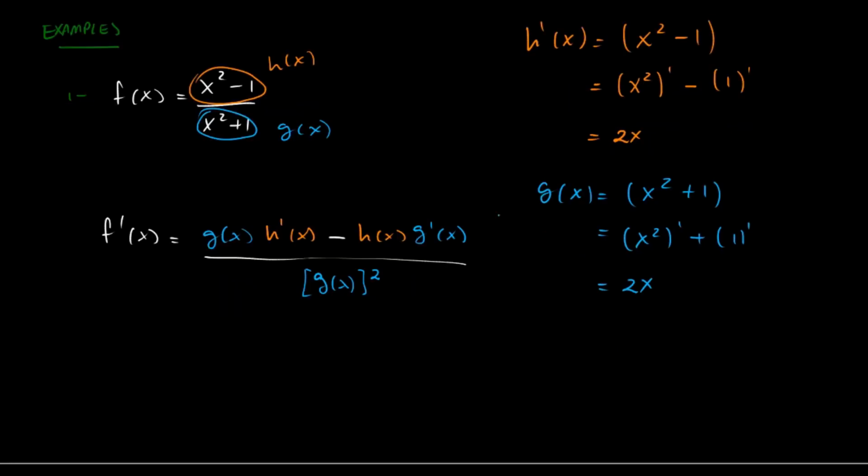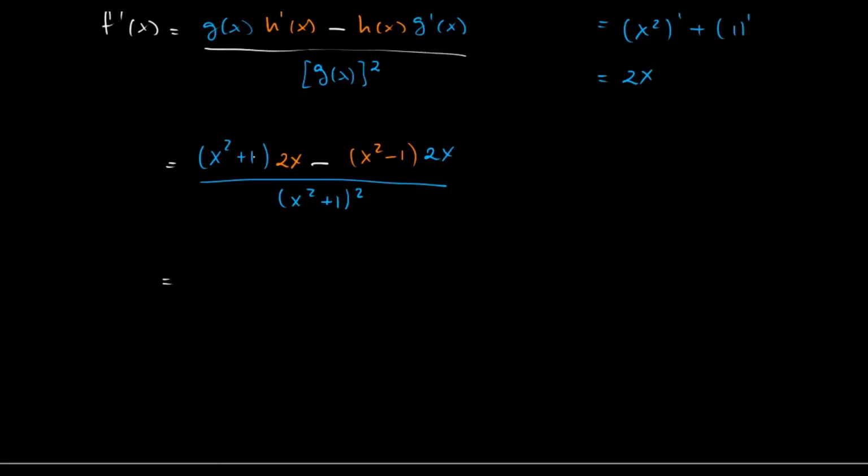So now we have to put these values in our formula. We have g of x, which is x squared plus 1, times h prime, which is 2x, minus h of x, which is x squared minus 1, times g prime, which is 2x, and all this divided by g of x squared, so x squared plus 1 squared.